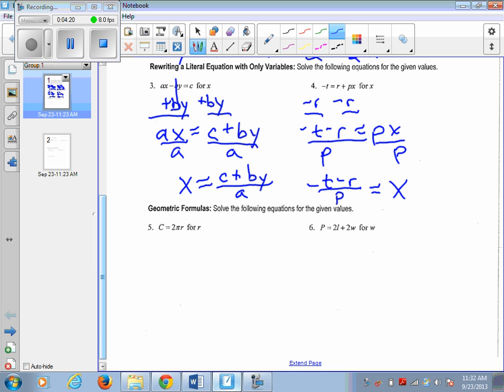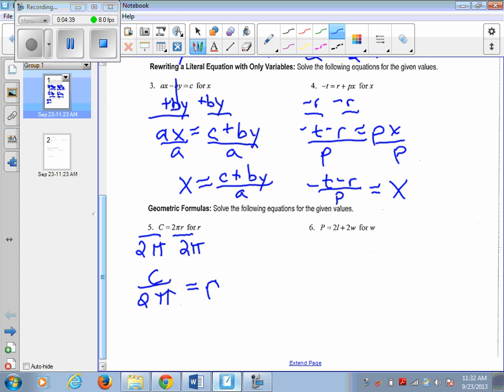So to get r all by itself, we would divide both sides by 2 pi. So we end up with c divided by 2 pi is equal to r. So not much to that one.